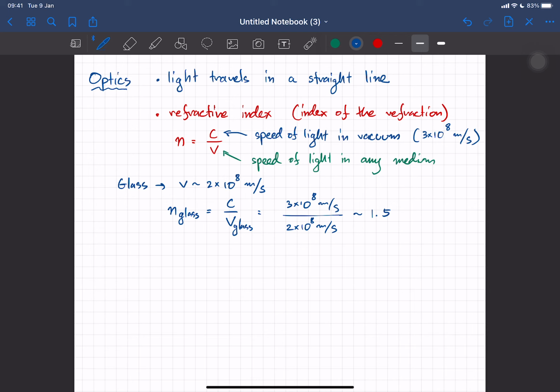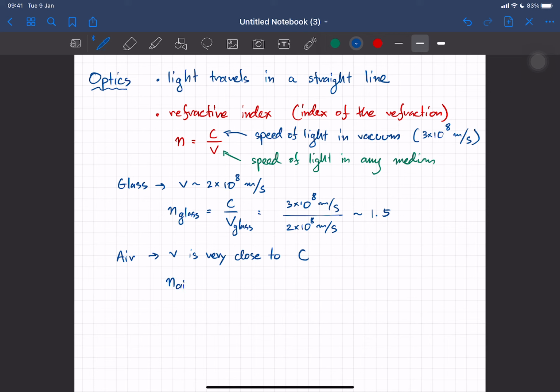And normally we don't have vacuum, we're gonna have air, which is almost like vacuum from the point of view of light wave. So for air, v is very close to c.